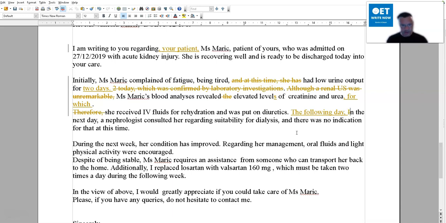The following day, you could say she was seen by, if you have to do it. She was seen by a nephrologist.